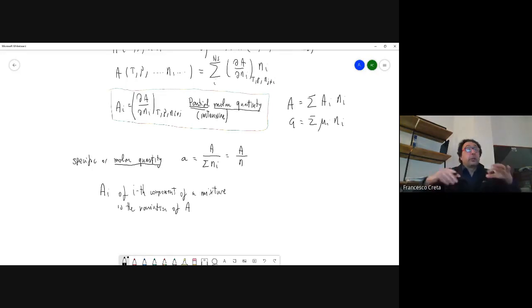So you have a mixture, you add the unit mole of species i, and Ai will be the variation of your extensive property A. It is the variation of A when 1 mole of only species i is added to the mixture.